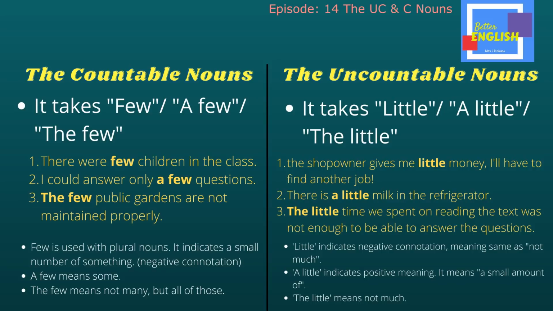So always remember, when you have not many in your mind, you could use the few. So few has got negative connotation. That means almost no one. A few refers to a certain number of things or a certain amount, and the few refers to not many.